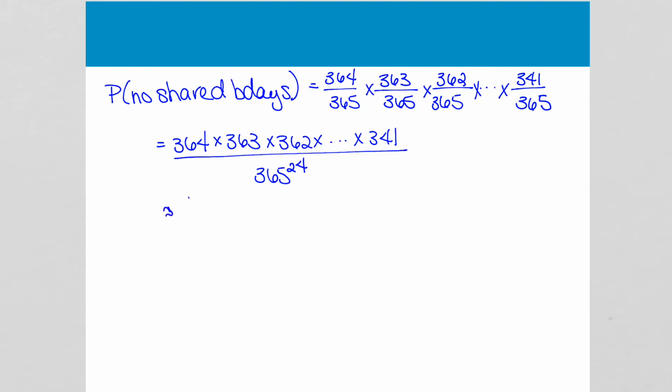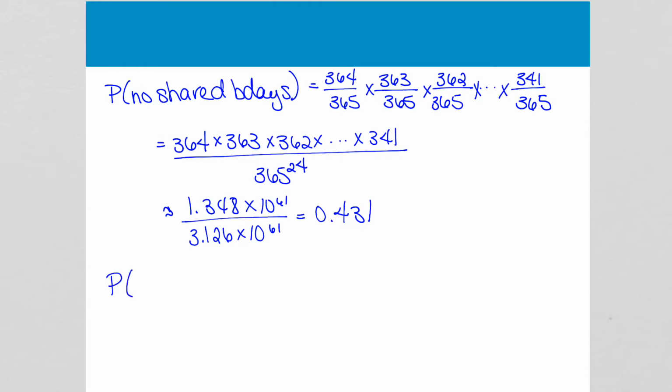That gets us 1.348 times 10 to the 61 over 3.126 times 10 to the 61, which is about 0.431. So this is the probability that there's no shared birthdays.